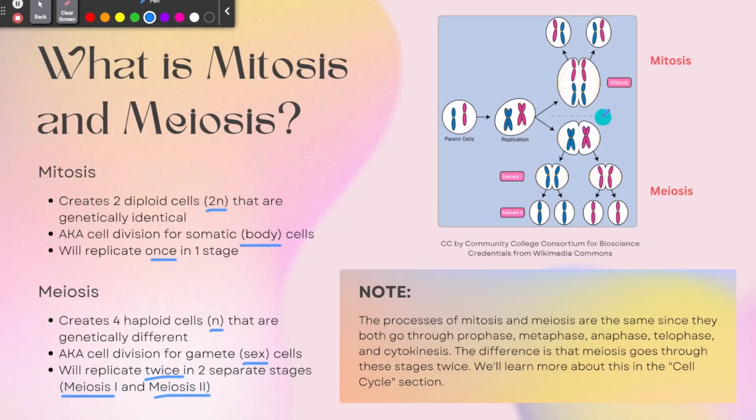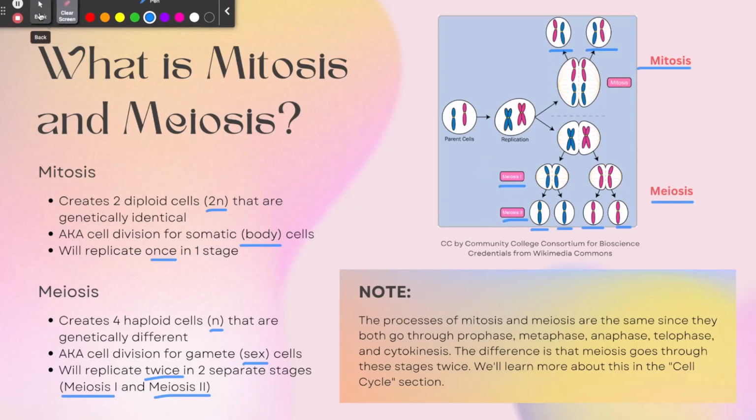So if we take a look at the image here, mitosis is the stage that is above, while meiosis is the stage located below. So with mitosis, there are two offspring, and with meiosis, there are four. And again, mitosis replicates just once, and meiosis will replicate twice in two mini stages, with the first being meiosis 1 and the second being meiosis 2.